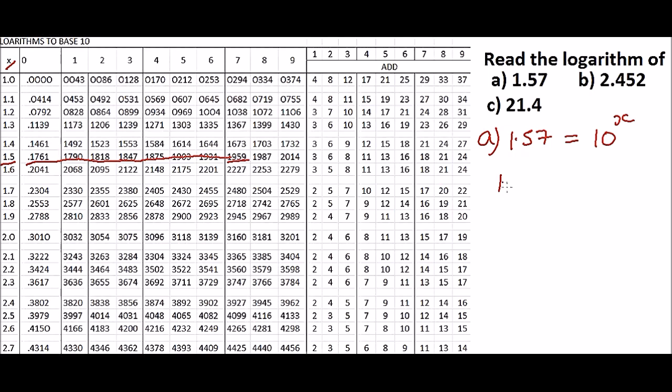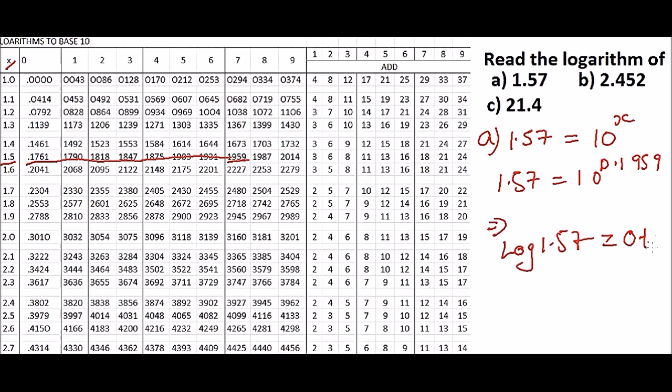So this means that 1.57 is the same as 10 to the power 0.1959, implying that the logarithm of 1.57 is equal to 0.1959. You can either indicate 10 or you leave it, because we are dealing with common logarithms.